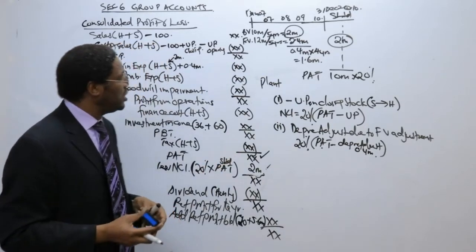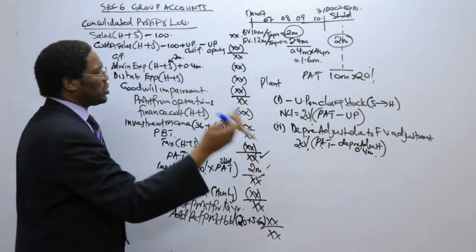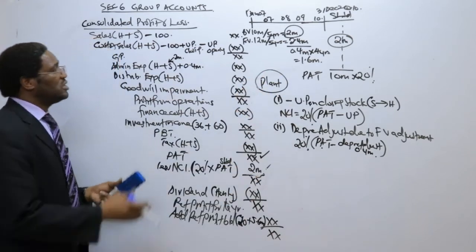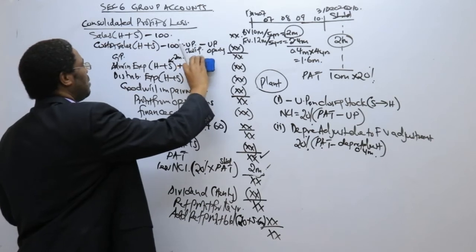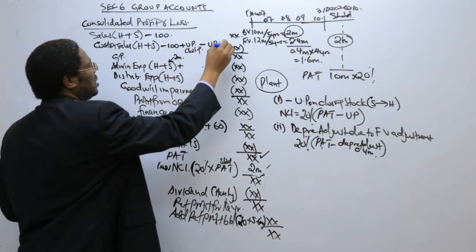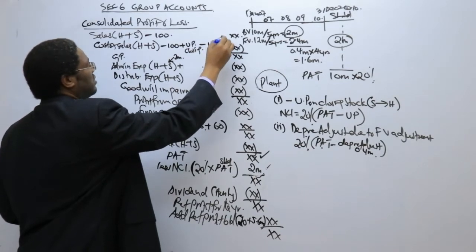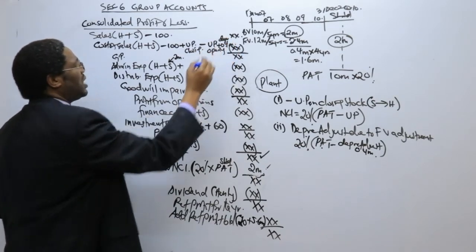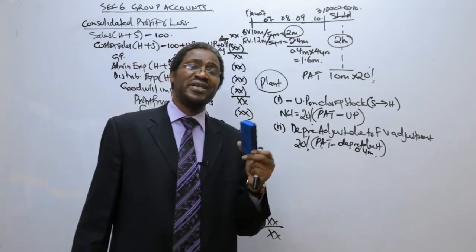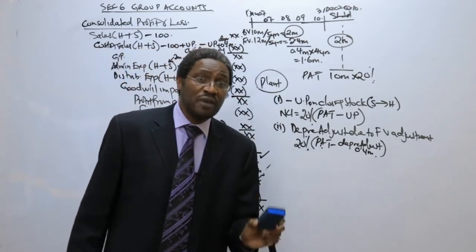So I'm hoping you still remember. If the question is one with the fair value of a plant, then this time you don't adjust it among the admin, you adjust it among the cost of sales. So it could be among the cost of sales, or among the admin, depending on the question or the type of asset.